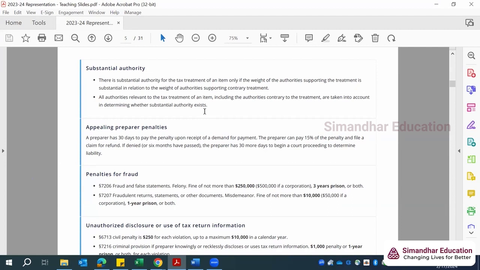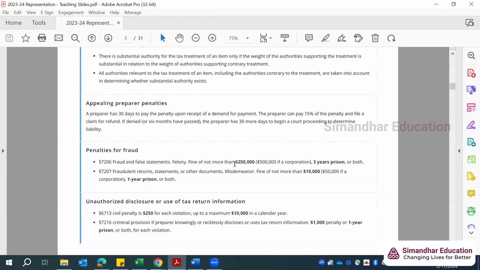Okay. Now that we have a basic understanding of these terminologies, the next thing is that in tomorrow's class, we will discuss the penalties. Which means that I know that I'm supposed to do this, but if I don't do this, then what kind of penalties are associated with that act?